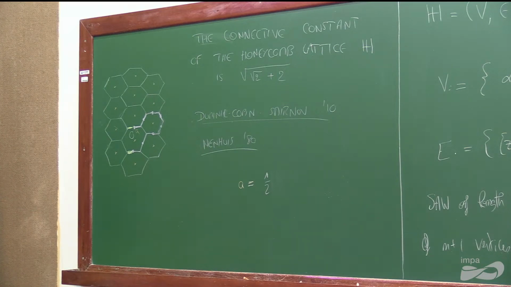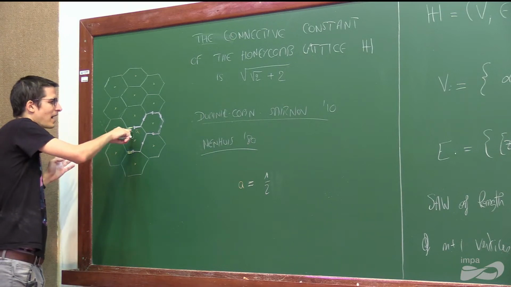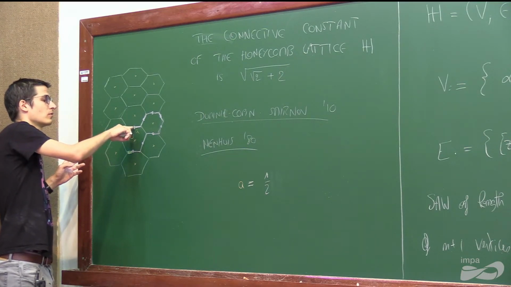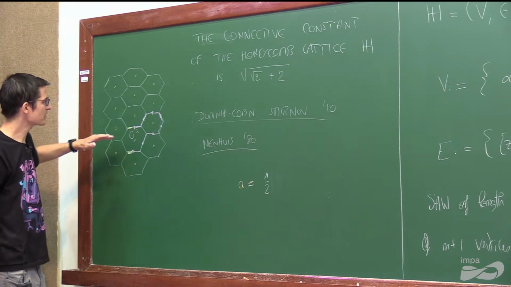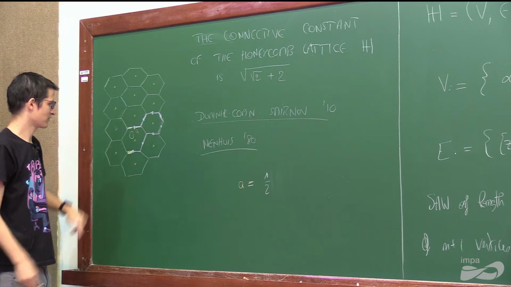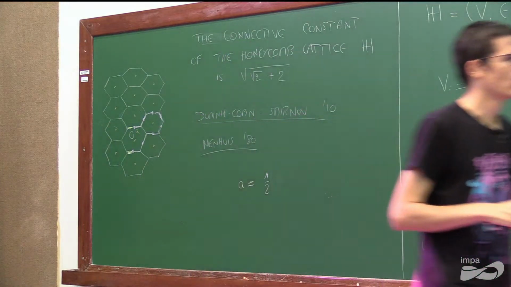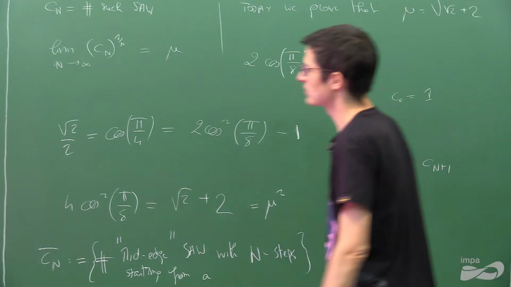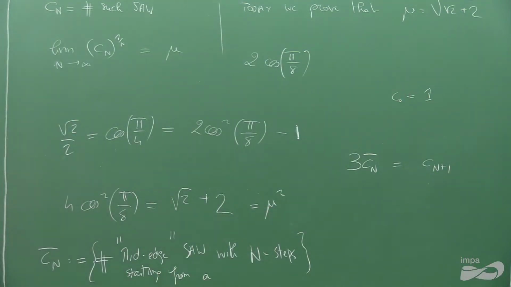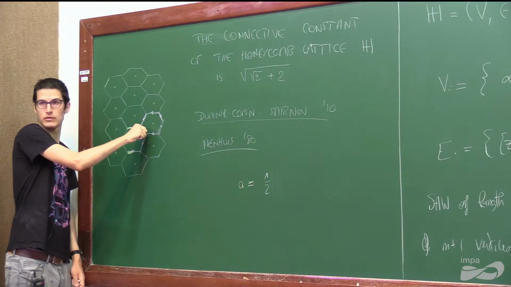So the idea is that, okay, here I had a walk starting from A, now I have a walk starting from 0. The only thing is that I'm only counting 1/3 of the walks starting from 0 because I'm forcing the first step here. Okay, so I should have 3 C bar n here to get Cn plus 1. And actually, when I'm doing this, I'm just counting mid-edge walks that are first going to the right.